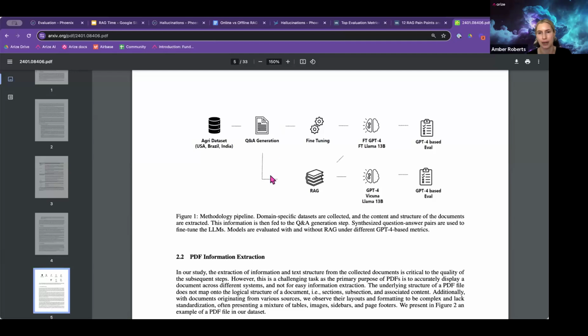Then they broke it up into two areas, fine tuning and RAG, and connected that to GPT-4, and then had GPT-4 based evals. Can you dive into this process here? Because it's interesting what they chose to do first, and the kind of process of this.